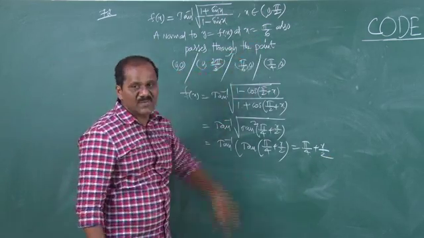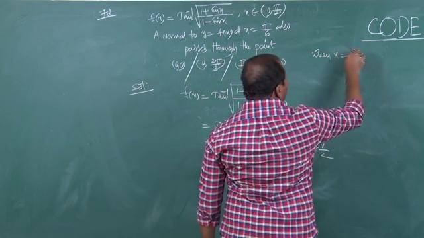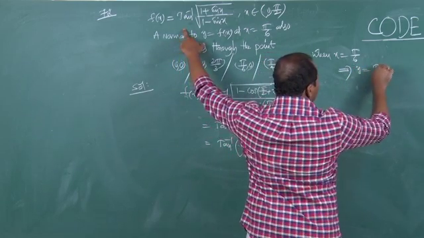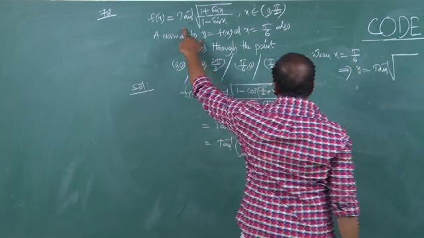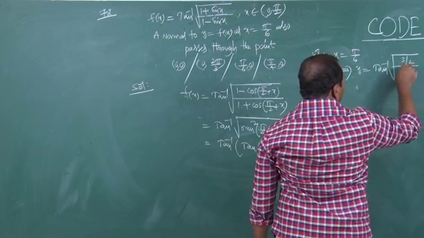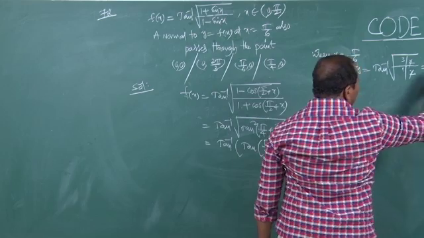We want the normal at x equal to pi by 6, and let us find the point when x is equal to pi by 6. When x is equal to pi by 6, y equals tan inverse of root over (1 plus sin 30) divided by (1 minus sin 30), tan inverse root 3 is 60 degrees.